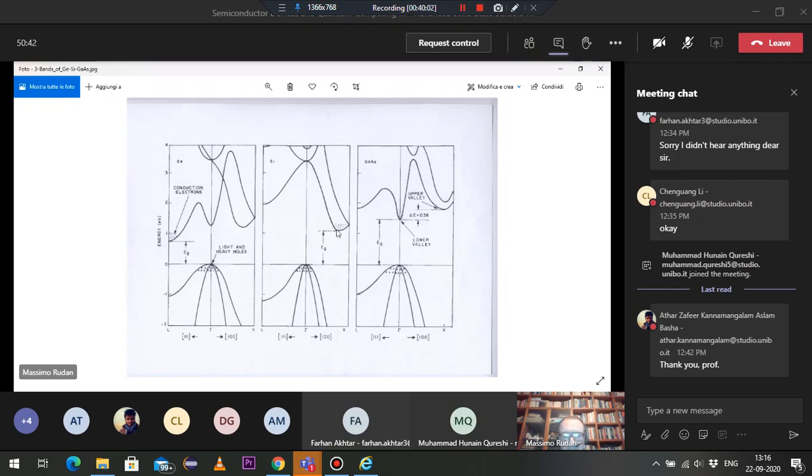Instead, the minimum or the minima of the conduction band are not in the gamma point. They correspond to a k vector that is different from the gamma point, okay? Semiconductors that have this property are called indirect semiconductors, okay, indirect.